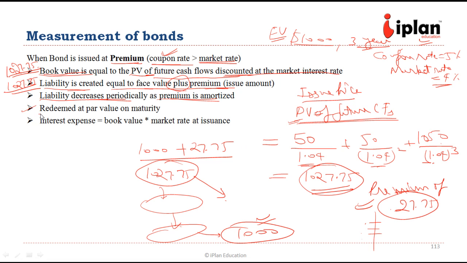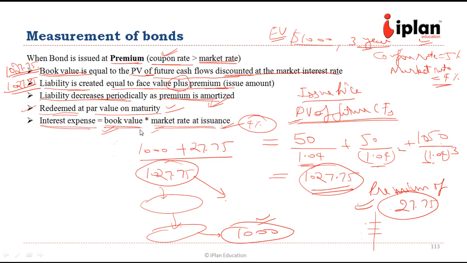So it is redeemed at par value on maturity, and the interest expense will be calculated on the book value, and the market rate at issuance, which was 4% in this case, will be used. So we are not going to change the interest rate with time, but we'll use the same interest rate which was at the time of issuance of the bond. And as we know, the book value is going to change every year due to the amortization of premium.